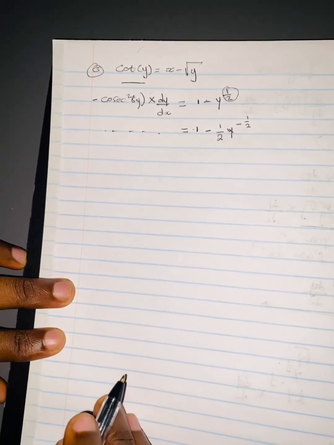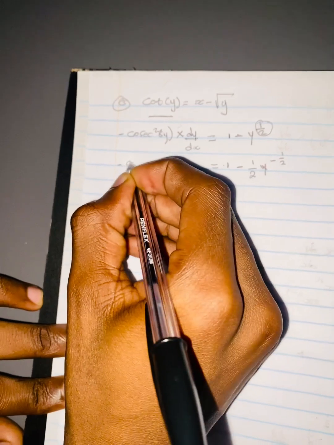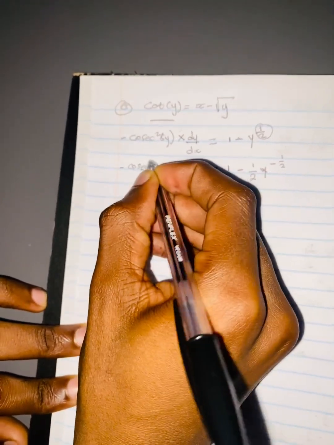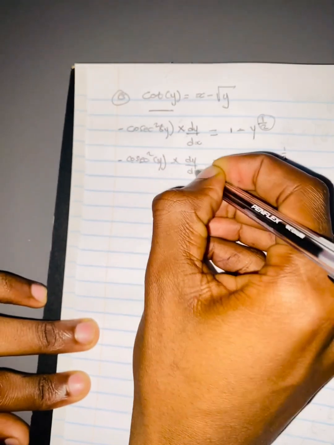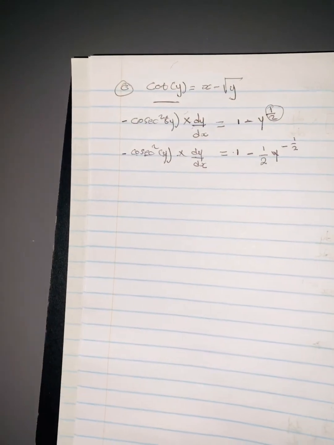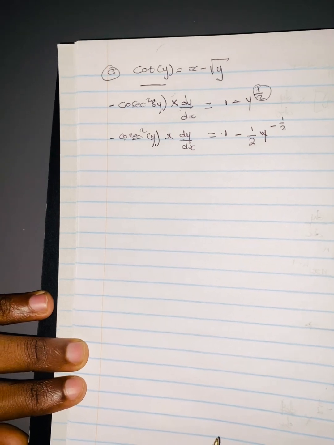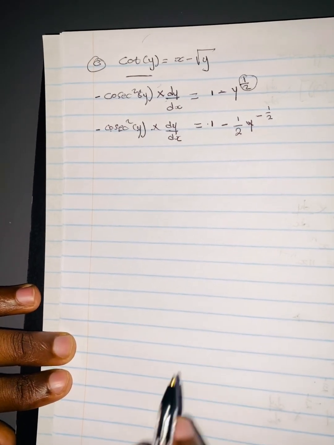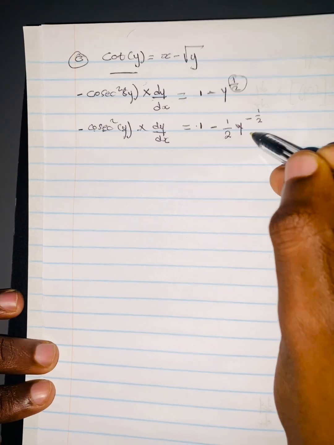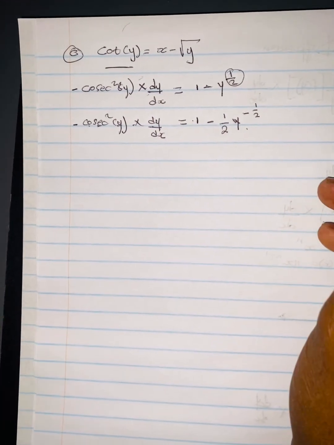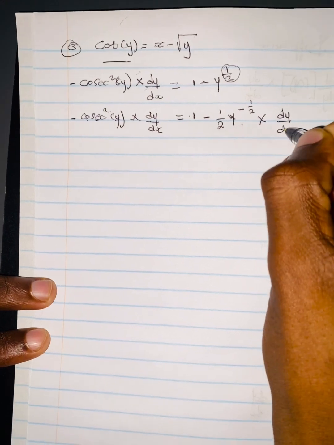You see? So this is the whole equation, negative cosecant square of y multiply by dy over dx will be equal to 1 minus half y to the power negative half. But look here, because we are deriving y implicit, we also have to multiply dy over dx.